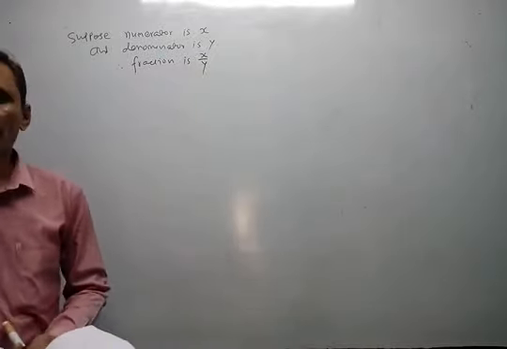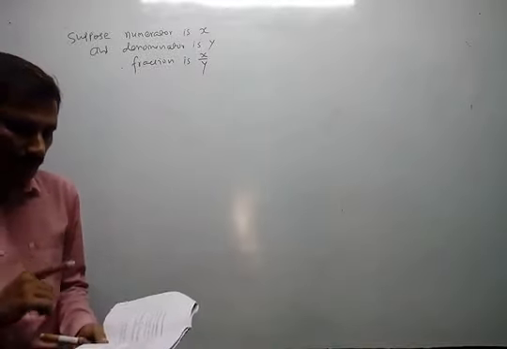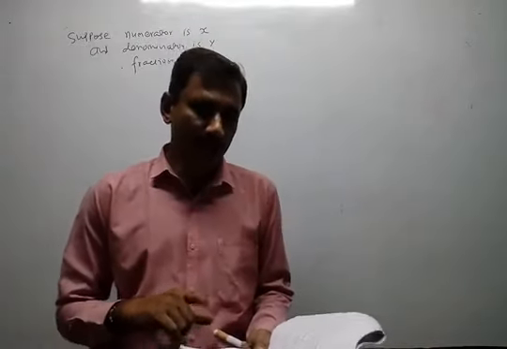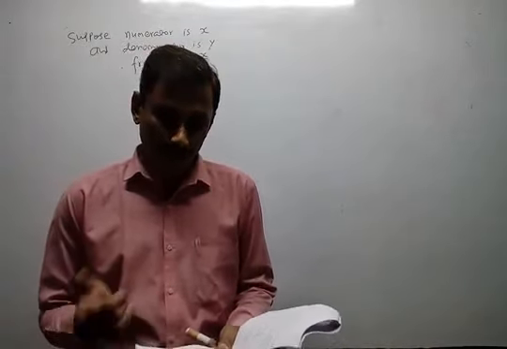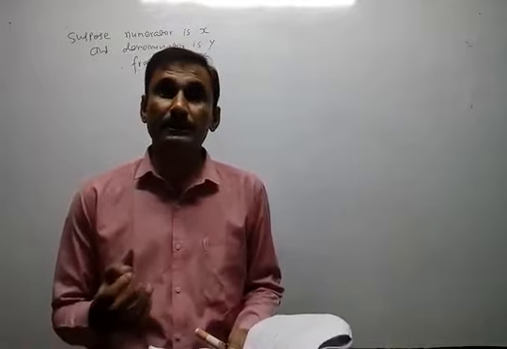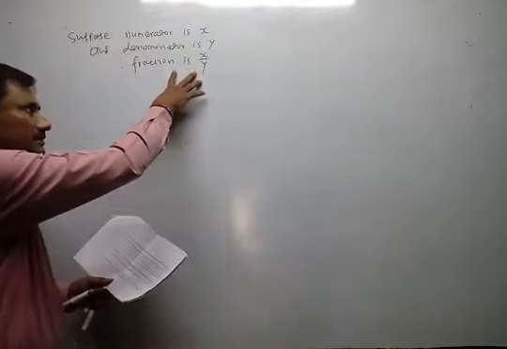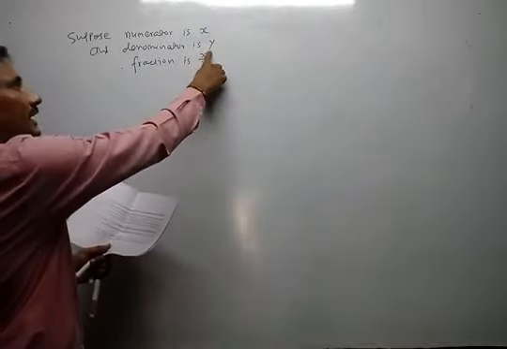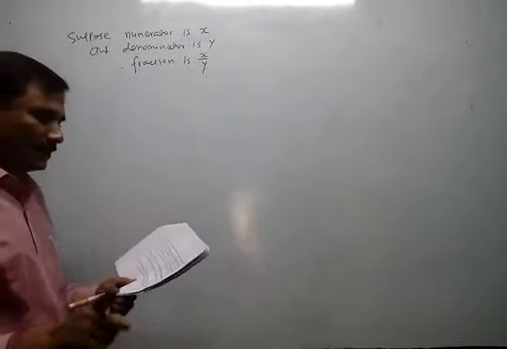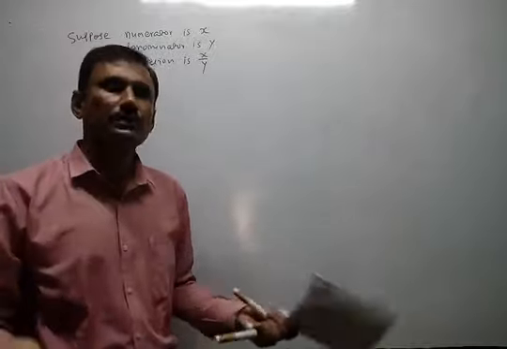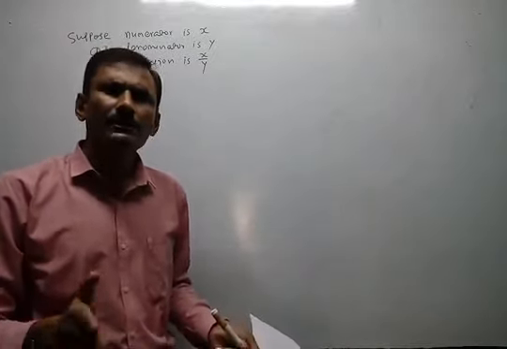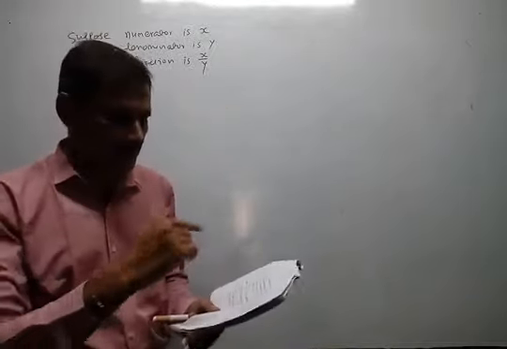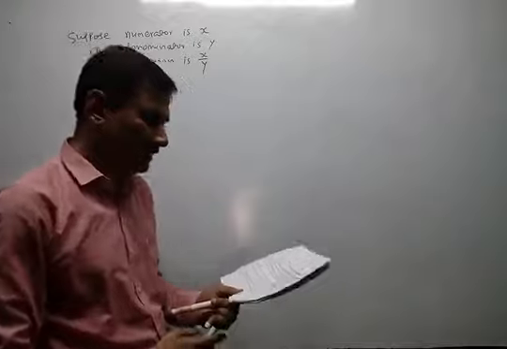Now, what they are telling: a fraction becomes 9 by 11 if 2 is added to both the numerator and denominator. So this is the original fraction. Its value is not given, that we have to find. But if you add here and here something, how much? 2. 2 in the numerator, 2 in the denominator. Whatever they say, add or subtract according to them. Then that fraction becomes 9 by 11.